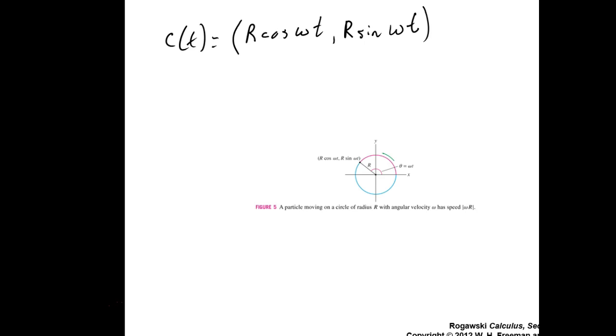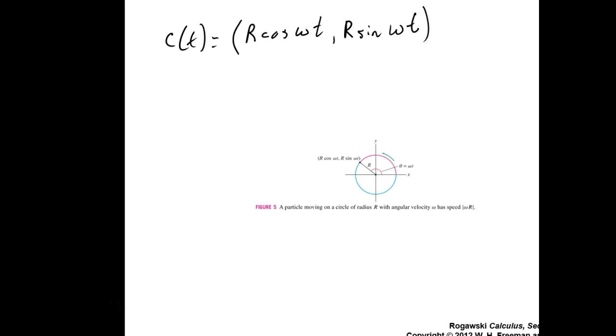Now, the constant omega is called the angular velocity or angular speed. It is the rate of change with respect to time of the particle's angle, not of any displacement of the angle. If this is the angle here, theta, then the time rate of change of that theta would be omega. So therefore, going the other way, theta would be omega t.